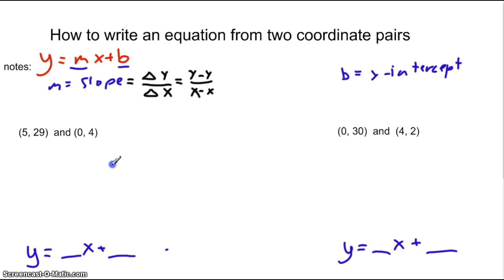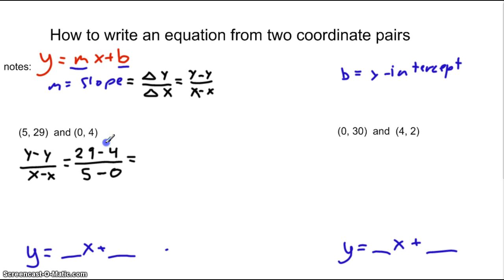I always like going left to right just because that's how I read books. So let's take the first y, so y minus y over x minus x. The first y was 29, and the second y was 4, and the first x was 5, and the second x was 0.